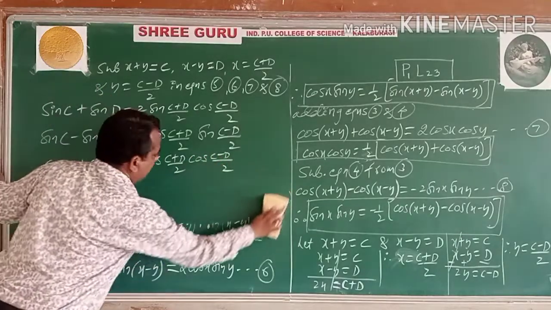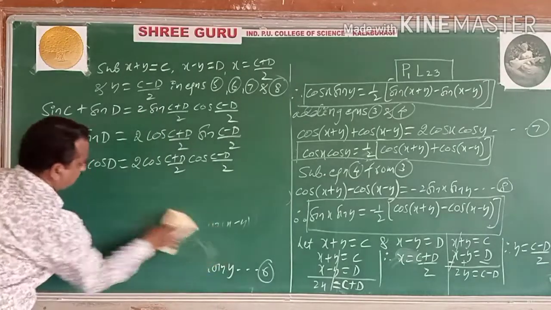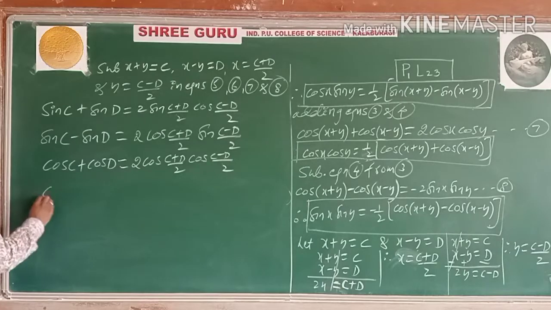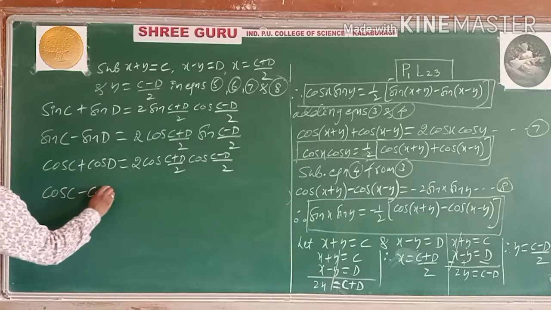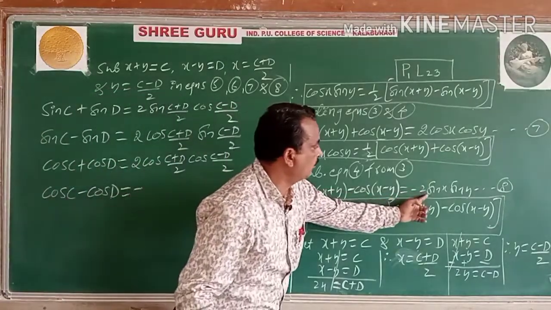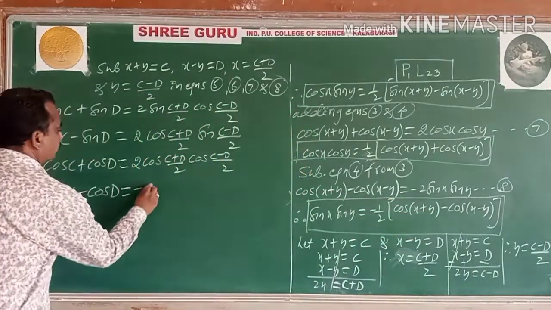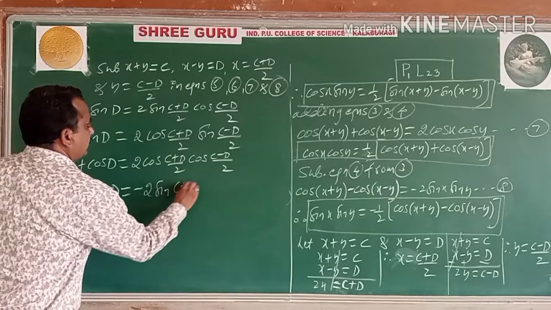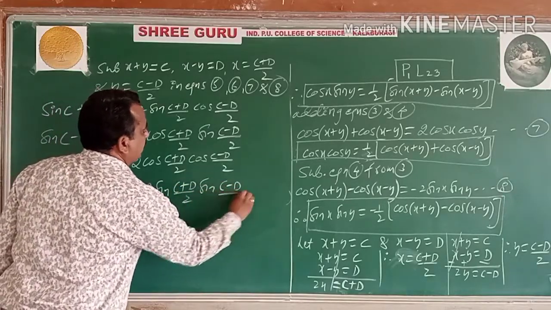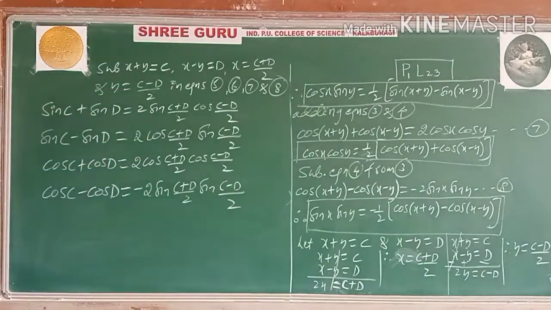Next, cos C minus cos D, equation number 8, is minus 2 times sin of C plus D by 2 into sin of C minus D by 2.